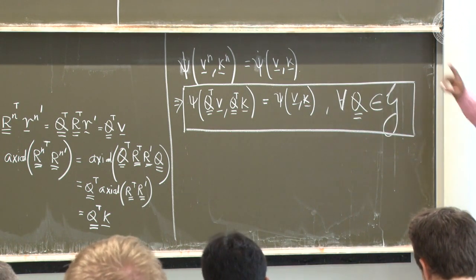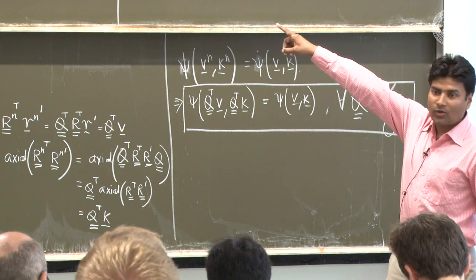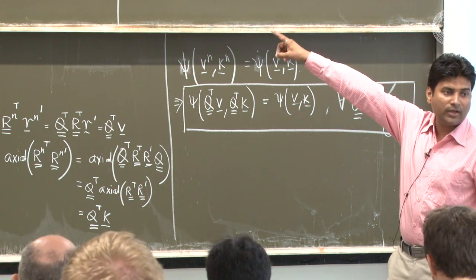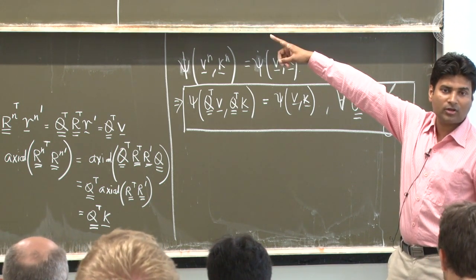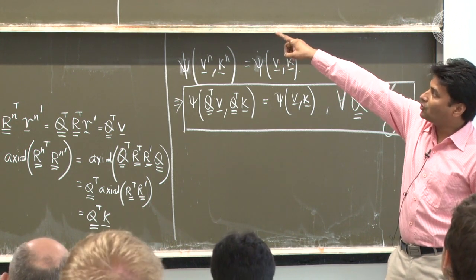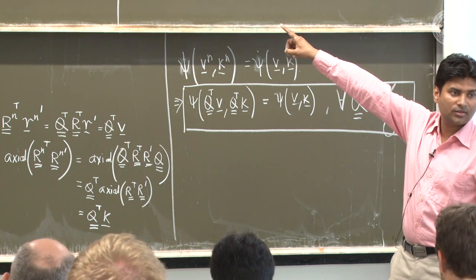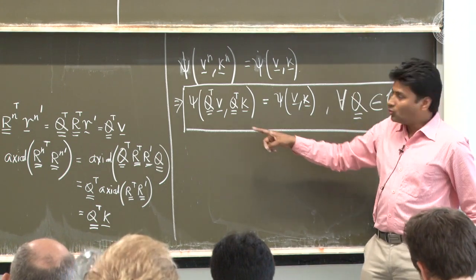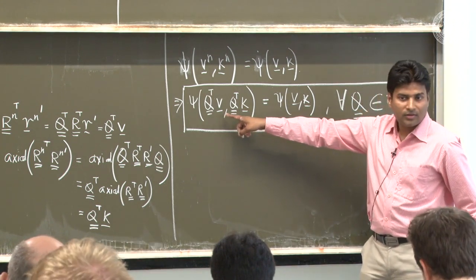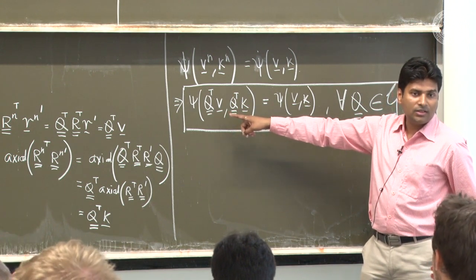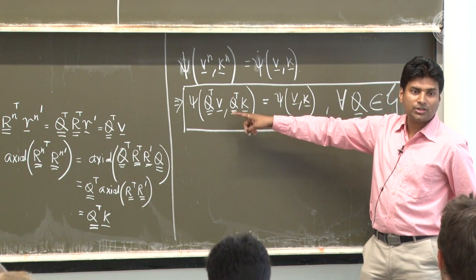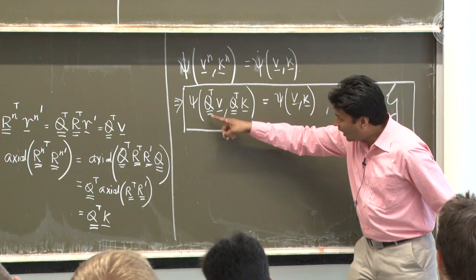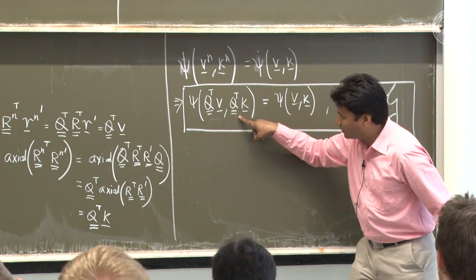So you have to think about what do we do in 3D elasticity. We find out the strain invariants. With isotropy, for example, we get I1, I2, I3, the three invariants. So here also our goal would be to obtain invariants, the quantities which are invariant under these operations.